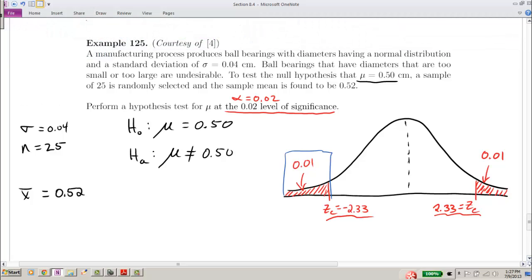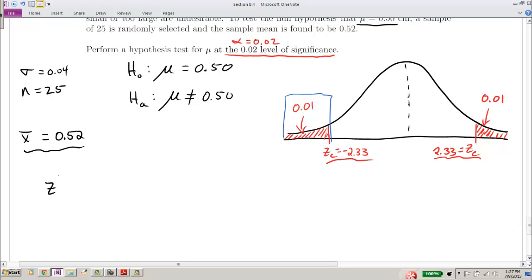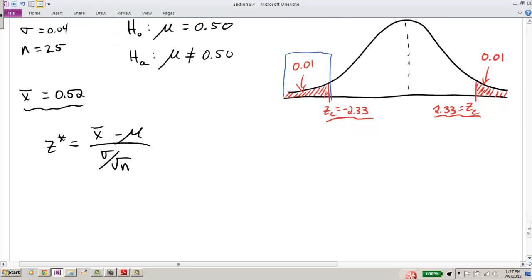So the next thing we need to do is figure out what our test statistic is, that z-star, the z-score for the sample mean of 0.52. And so let's write out our formula. X bar minus mu divided by sigma over root n. And let's compute sigma over root n first, just to make it a little bit easier to plug it in.